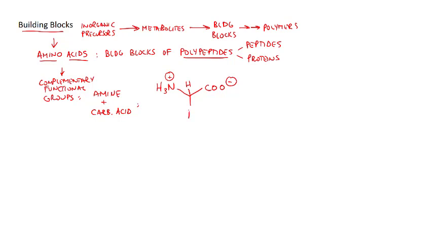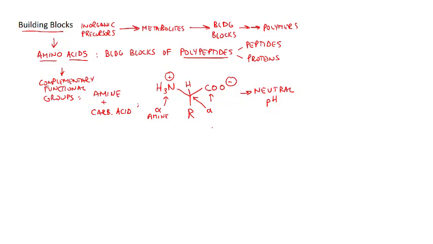We have a hydrogen, and we have this variable group that's called R. According to the rules of organic chemistry, this carboxylic acid group is defined as carbon number 1. This carbon in the middle is called the alpha carbon, and therefore this amine group over here is called the alpha amine. And notice the way that I've drawn this structure. We have a negative charge on the carboxylic acid and a positive charge on the amine. This is what the structure of amino acids looks like at near neutral pH.